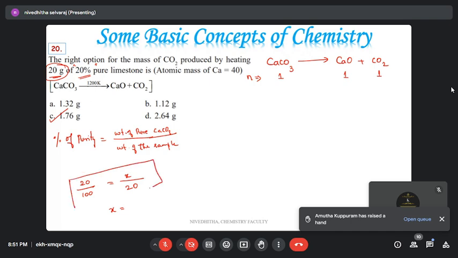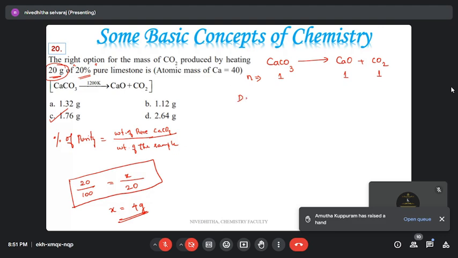So from this, you just calculate the value of X. Sorry, ma'am, 4. Yes, it is 4 gram. Is that clear? So in 20 gram of 20% pure limestone, there is only 4 gram of pure calcium carbonate, right?